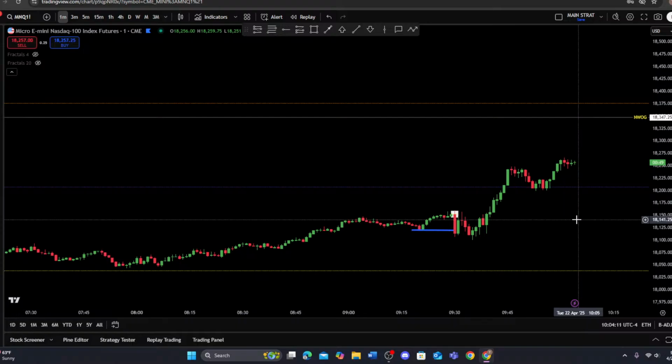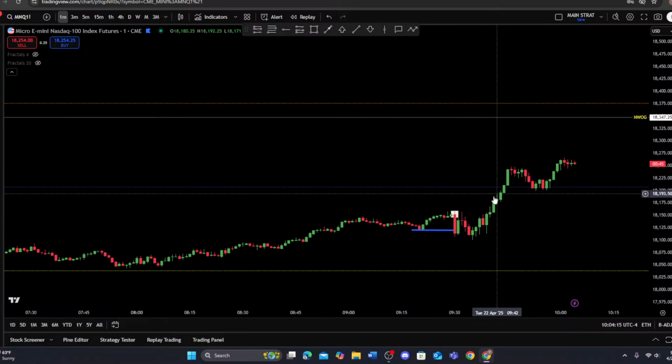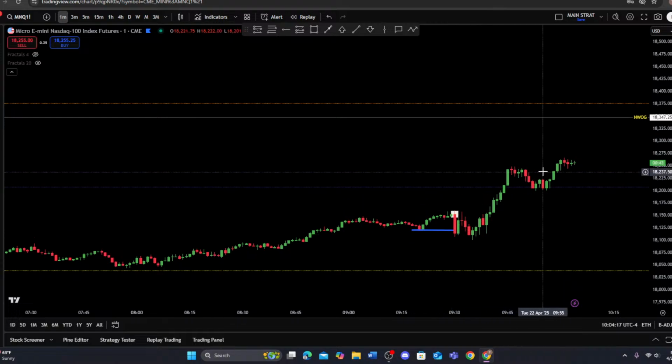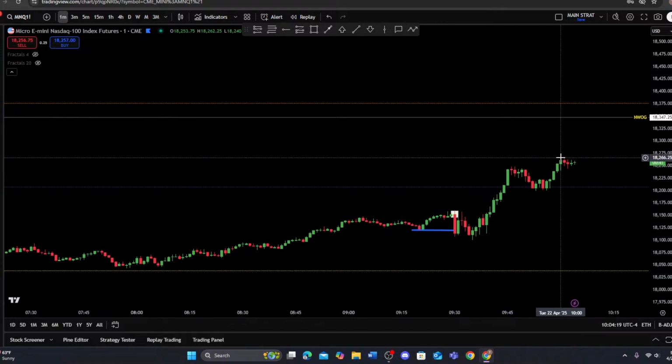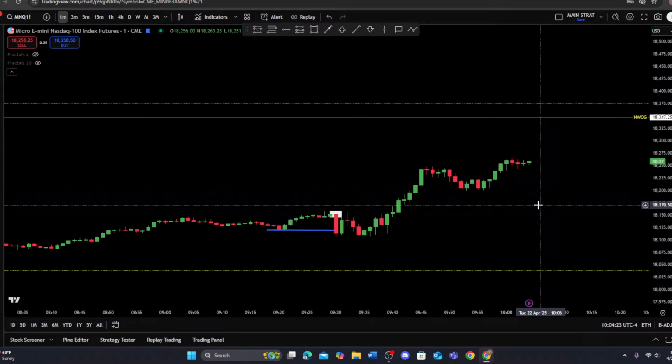All right, 10 o'clock is coming around here, so this is our morning session range, that high to that low. See if we get a fair value gap at the 10 o'clock, 10 to 10:30.